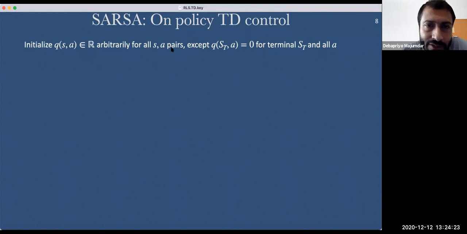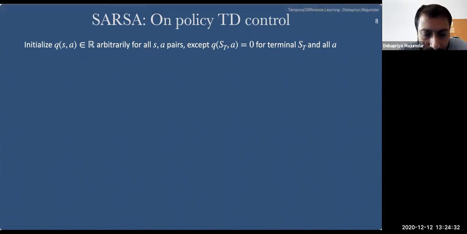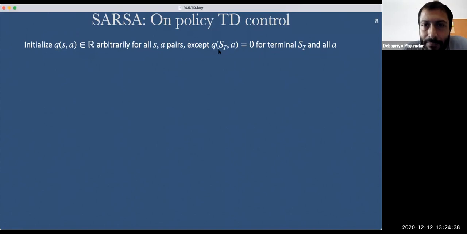Again, let me remind you, I assume that all state-action pairs means all state-action pairs that are admissible from the states. Some states may not allow you to take certain actions, so those are implicitly not considered, except Q of the terminal state for any action is equal to 0.